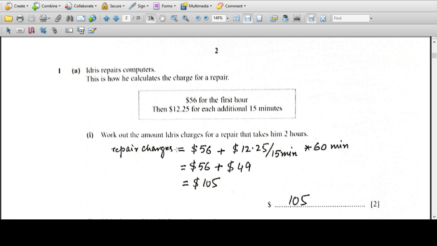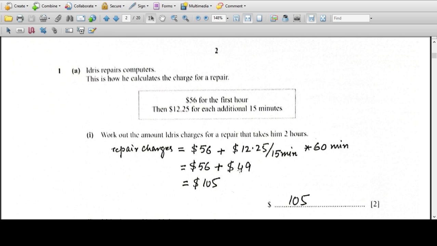So the repair charge is equal to, for the first hour, $56, and for the second hour the charge rate is $12.25 for every 15 minutes. The second hour is 60 minutes, so we multiply by 60 minutes, and the minutes cancel.